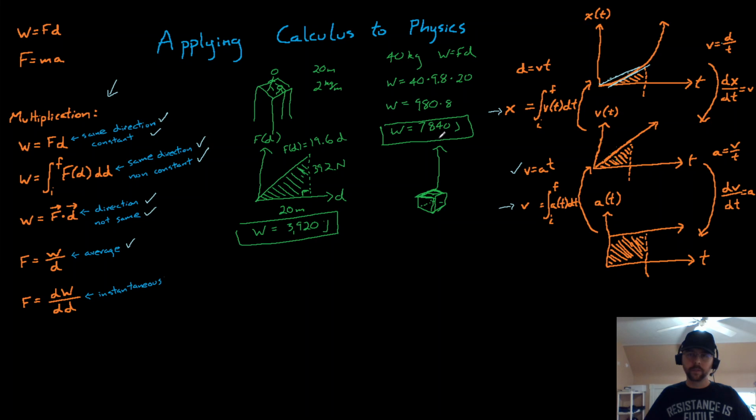And this one should be bigger. This one was 40 kilograms times 9.8 times 20, I think I did check that. 40 times 9.8 times 20 is 7,840. So it took 7,840 joules of work to carry this box up.